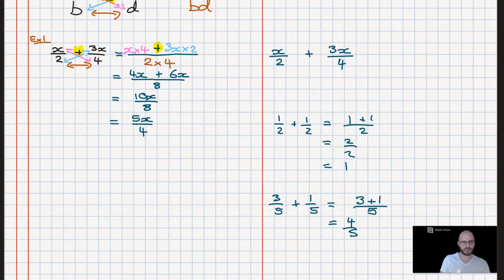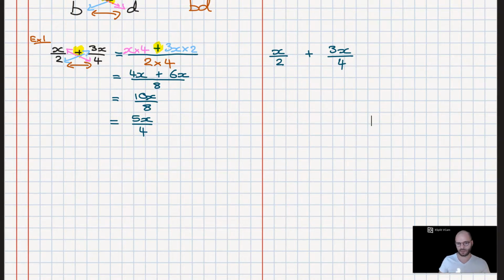So this all works. Now the reason why it works is because there's a common denominator. Now we can actually cause this to occur simply by manipulating the fractions that we have. So think about, we've got x over 2 plus 3x all over 4.